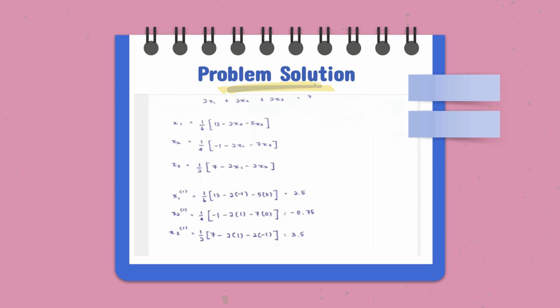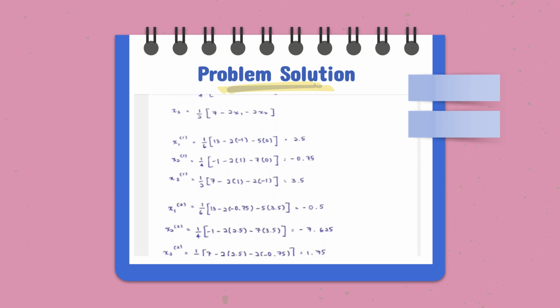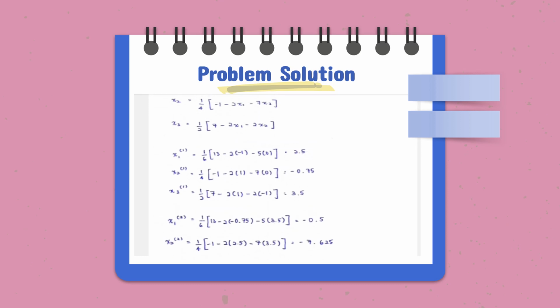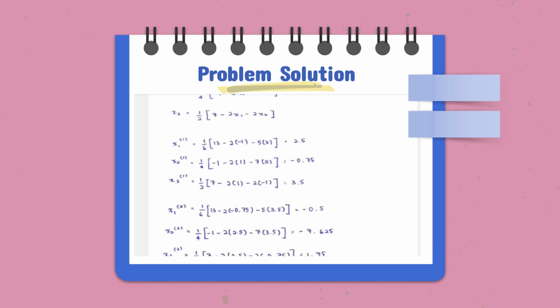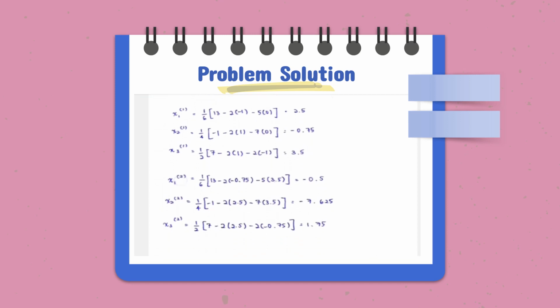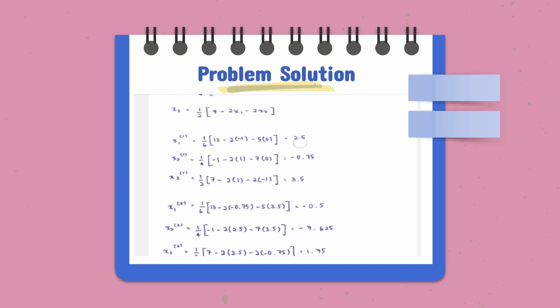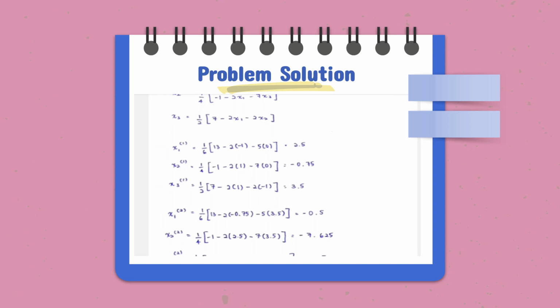When you want to find x2, we need to use the x1, x2 and x3 from the first iteration. Therefore, to calculate at the second iteration, we will be using 2.5, -0.75 and 3.5. For these values, when you want to find x1 at the second iteration, we just insert the values that we already got in the first iteration.